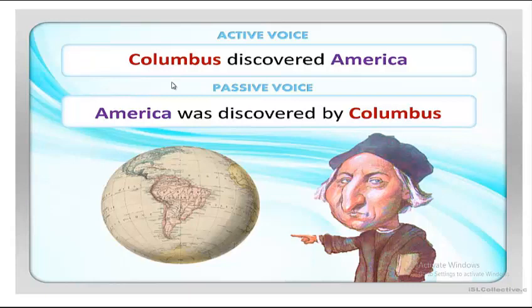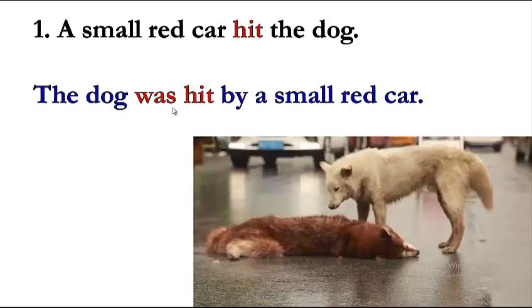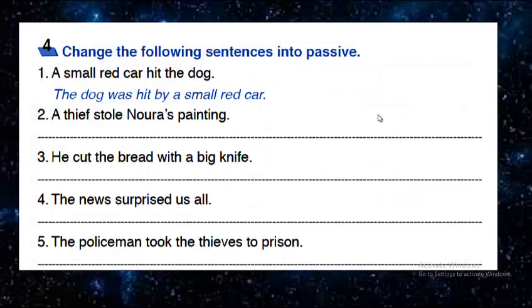Another example, Columbus discovered America. America was discovered by Columbus. A small red car hit the dog. What is the object here? That's right. The dog was hit by a small red car. Now, let's move to exercise number 4.